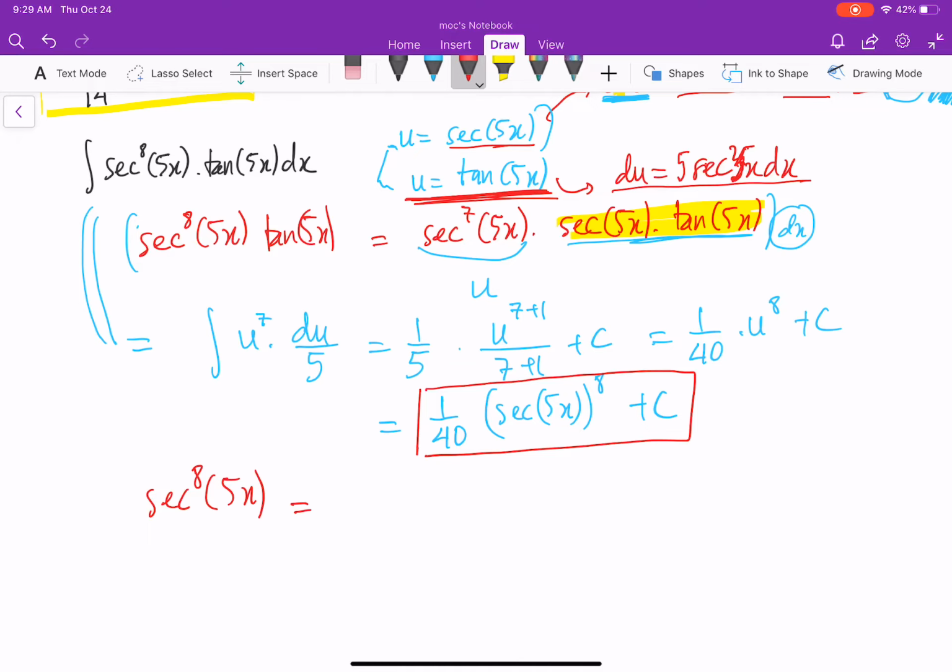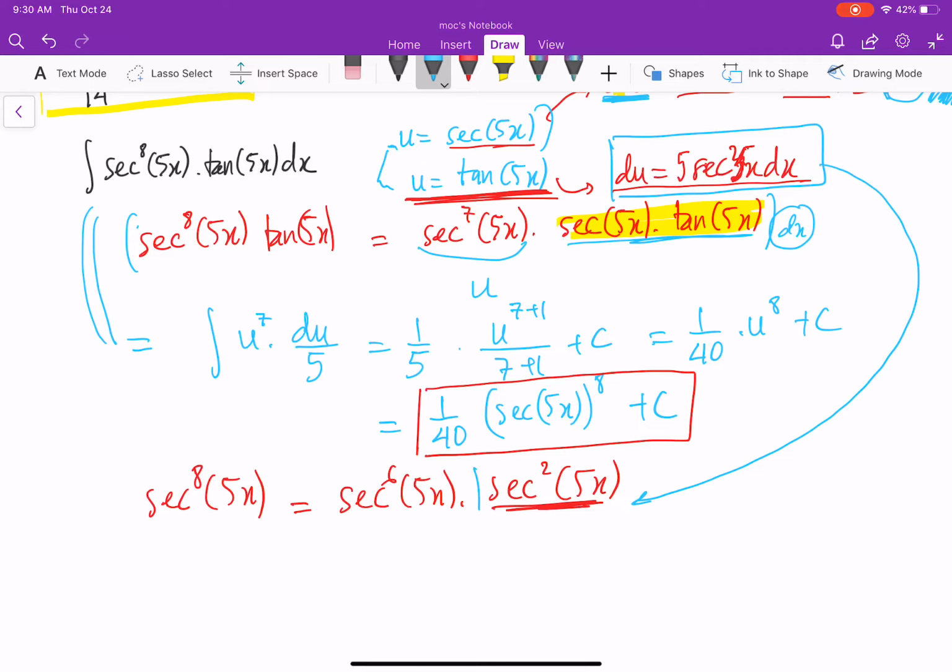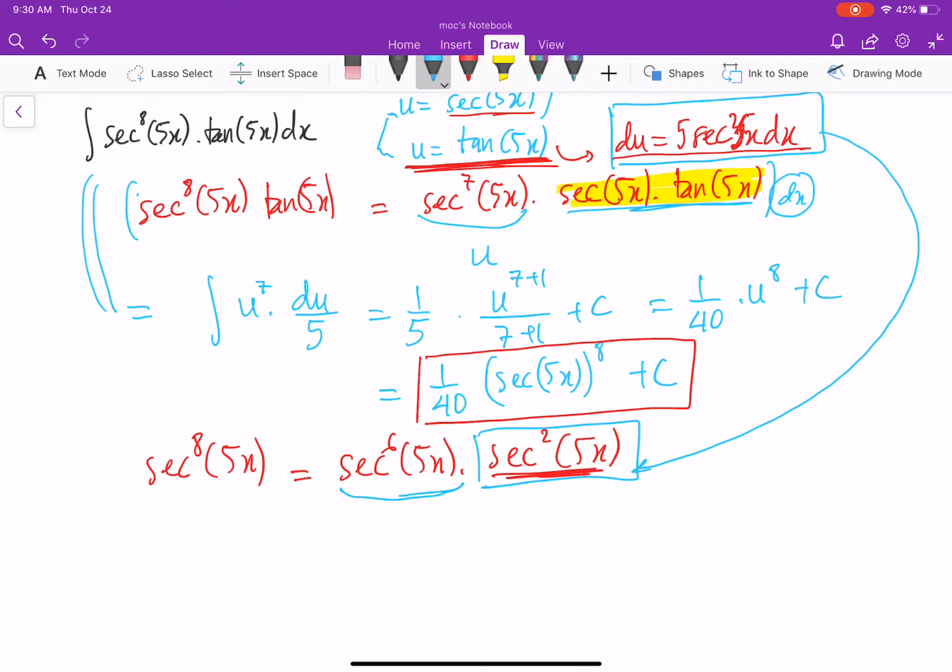So what is that? I have to split this into secant to 6, 5x times secant square 5x, because I need secant square 5x for my du right here. So that's why I need to split this into secant to 6 times secant square. Then I can rewrite my original integral, but I have to handle secant 6.